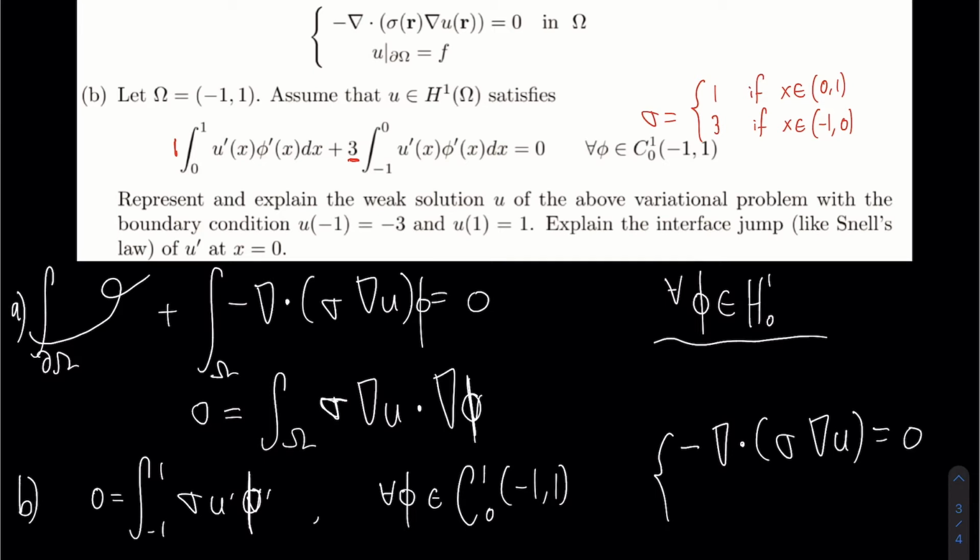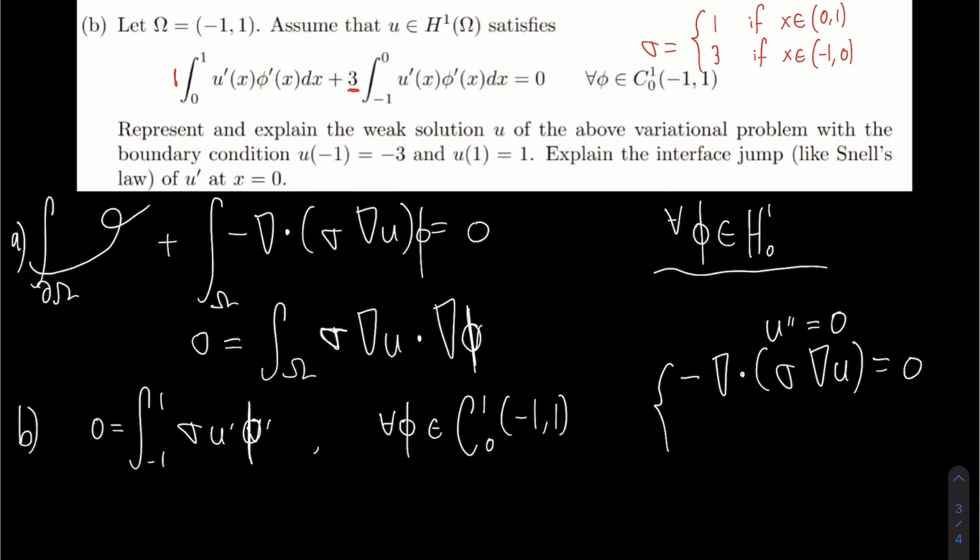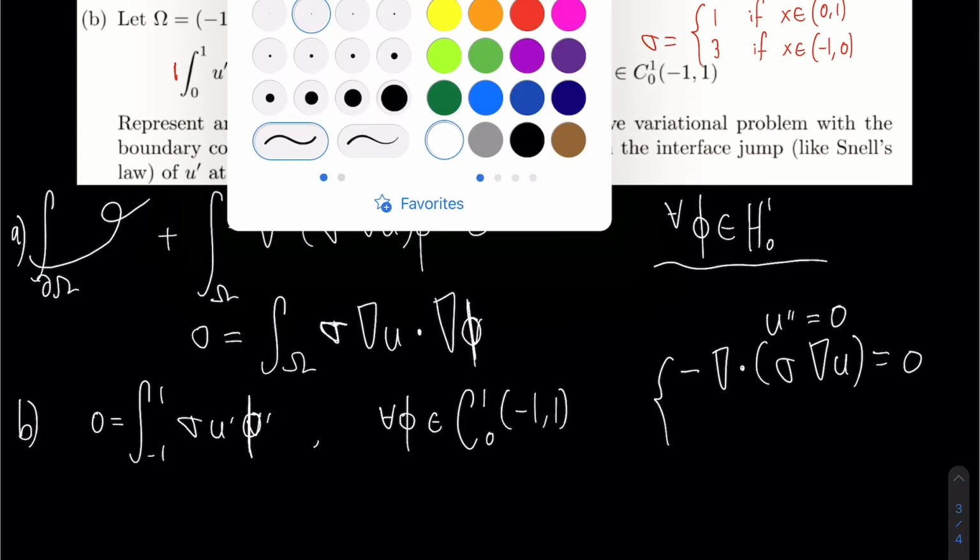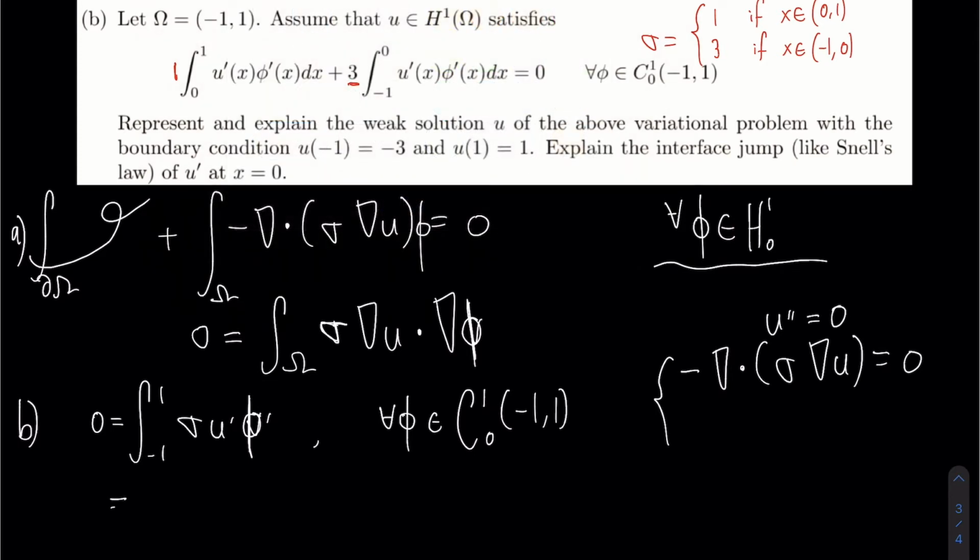If u was a multivariate function, then this would be true, but right now we can interpret this as the second derivative of u being equal to 0. We're going to use this fact very soon. So let's keep writing. This is what we have above.